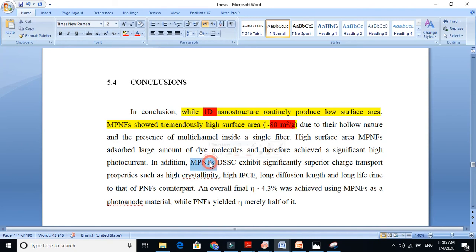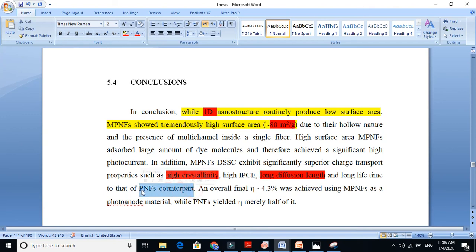In addition, the multiporous dye-sensitized solar cell exhibits significantly superior charge transport properties such as high crystallinity. It was more crystalline. You see here, we know this from XRD. High IPCE, incident photon current efficiency, long diffusion length. Long diffusion length means the electron has more time, and long lifetime, than the porous nanofiber counterpart.